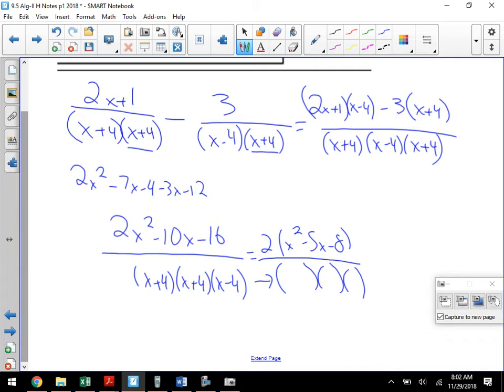Honestly, graphing these rational expressions is one of the easiest graphs you can do aside from lines, because there's a specific way to do every one of them, and by continually doing this process of factoring and finding zeros, it's going to allow us to do the graphing real quick.